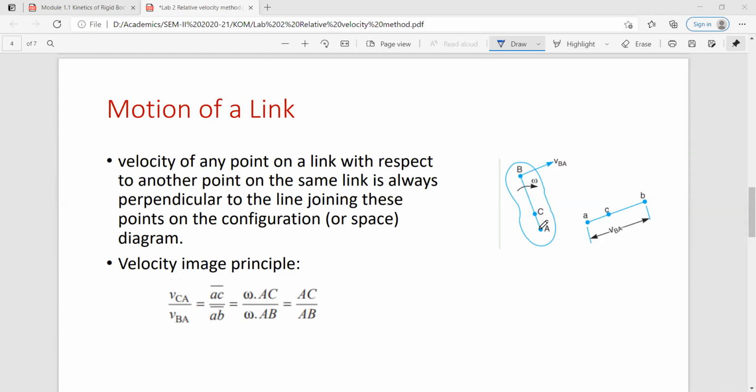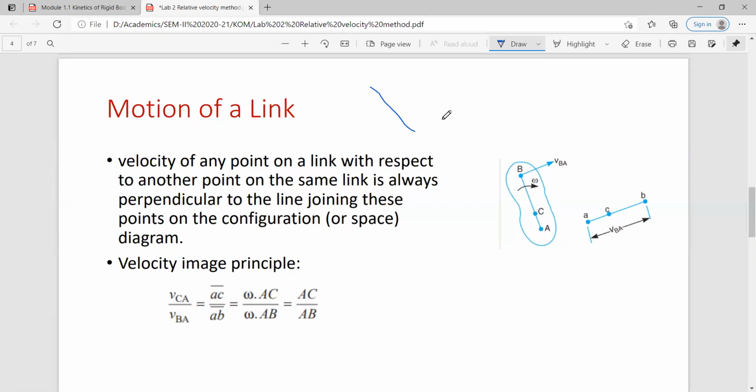Now let us see the motion of point B with respect to point A. Suppose this link has some angular velocity omega. Now it is in this position.